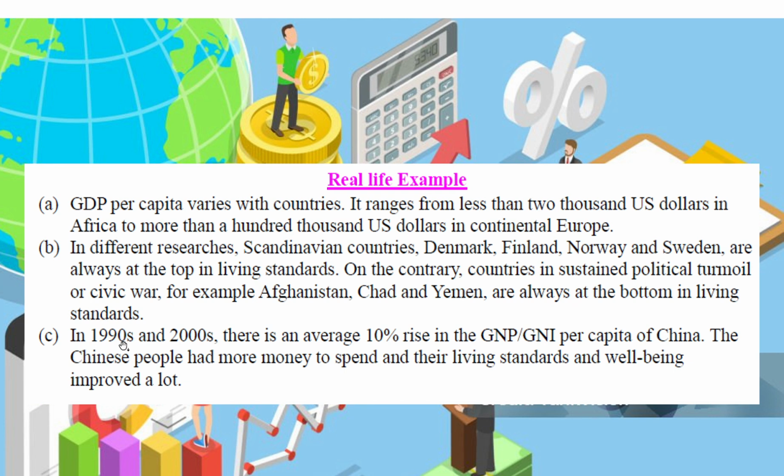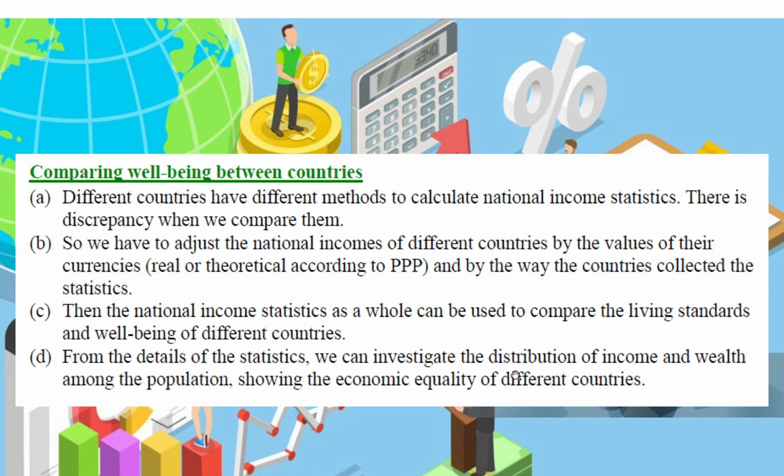Very sad story. And China is booming. From around 1992 to 2000, there was an average 10% rise in GDP per capita in China. So people are getting more money to spend, and living standard and well-being improved a lot every year, 10%.